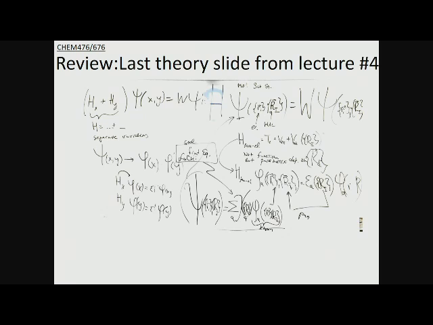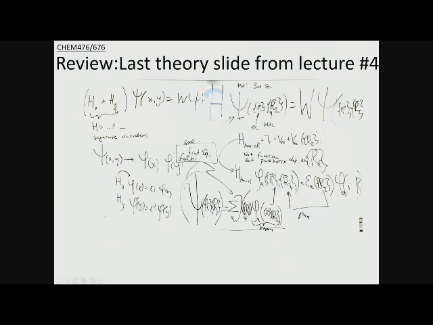So here is what we had on the blackboard last time, when I decided that slides are not sufficient and one needs to scratch something on the board. The idea is to practice the methodology of separating the variables.